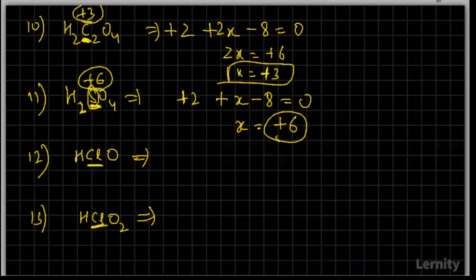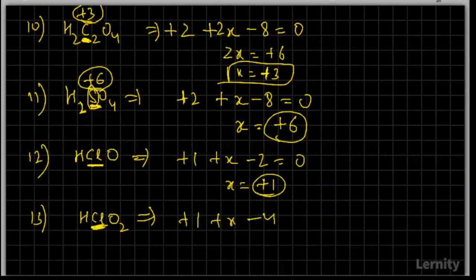Coming to hypochlorous acid, it will be +1, then +x, -2 equals 0. So in this case we get +1. Whereas in chlorous acid, it is +1 +x -4, because it's 2 into 2, so it's -4, which equals 0. Hence here I'll get +3.